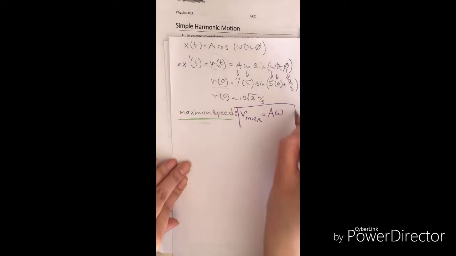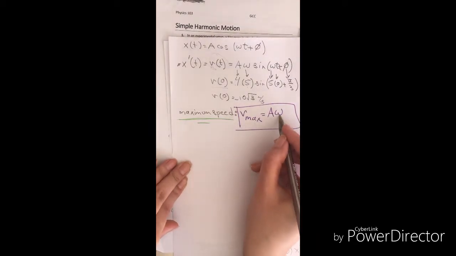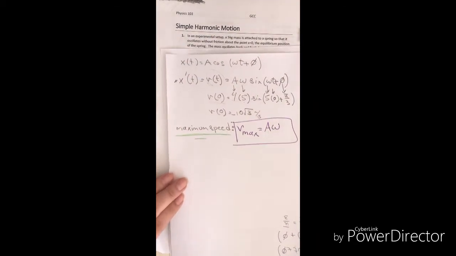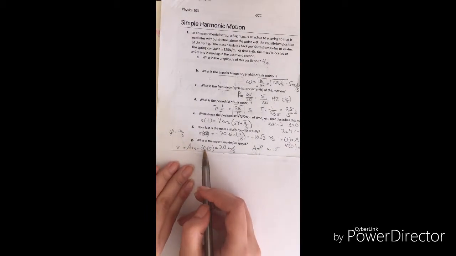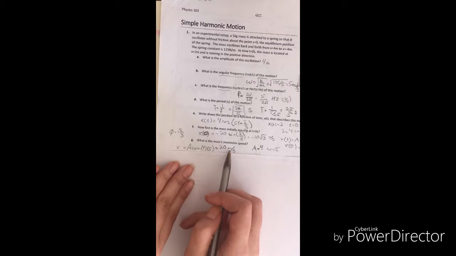So in part G, what's the maximum speed? V equals A omega, and A is 4, omega is 5, so we get 20 meters per second.